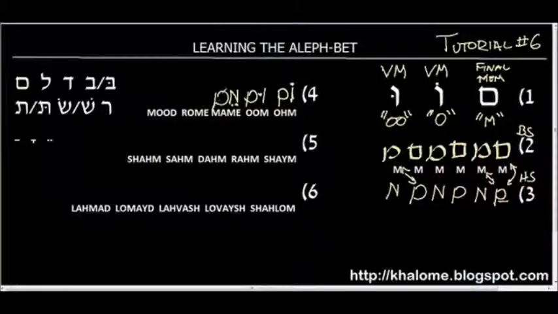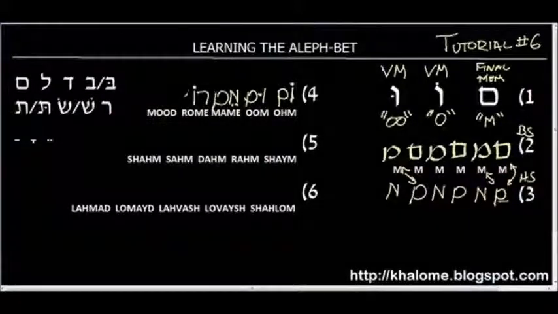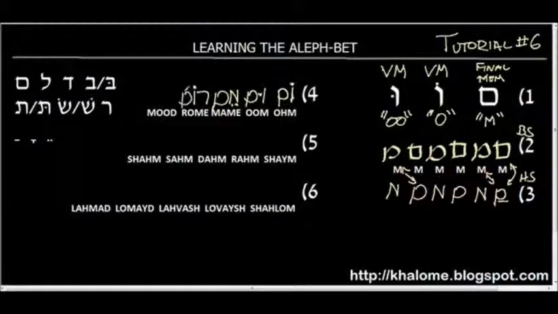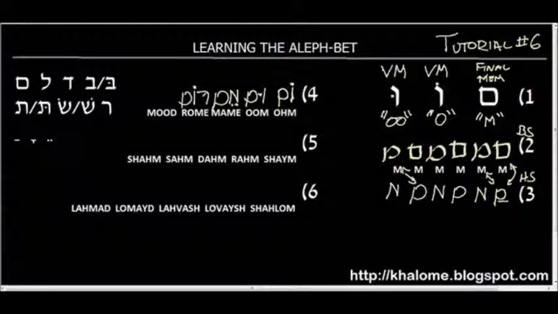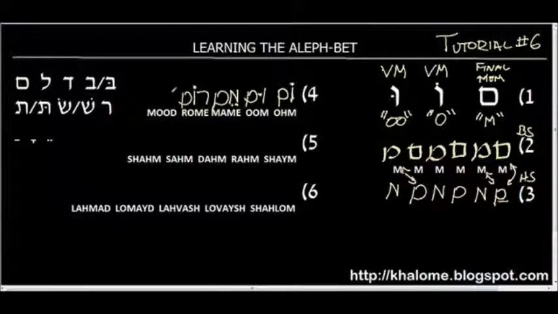I really wanted that stem to be a little bit longer. So the equivalent to Rome would be the resh, the O vowel mark, and then the final mem. Mood would be mem, U vowel mark, and then dalet.